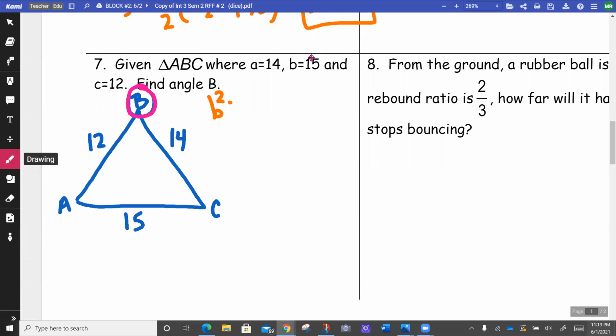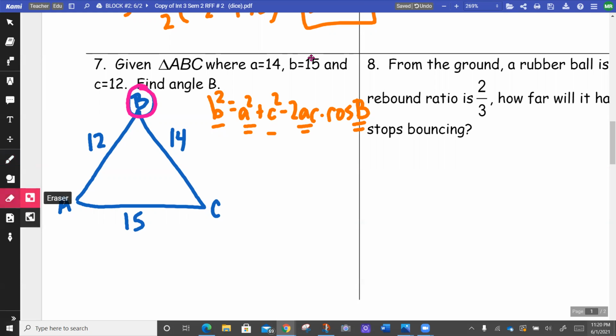One way is b squared is equal to a squared plus c squared minus 2ac times cosine of B. Okay, where this letter b and this angle B, those are both in this problem. And the sides across from the angles you're not finding, the a and the c, here you put them a squared, c squared minus 2ac. So that's one formula.